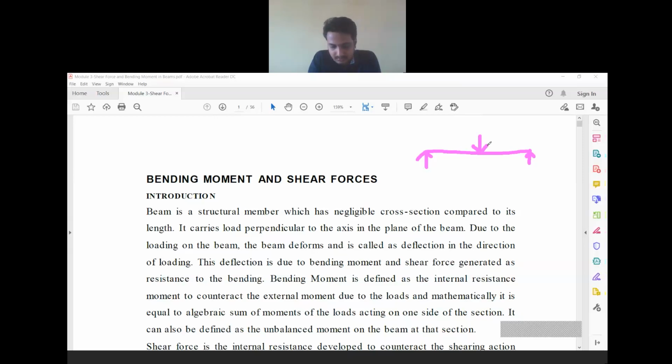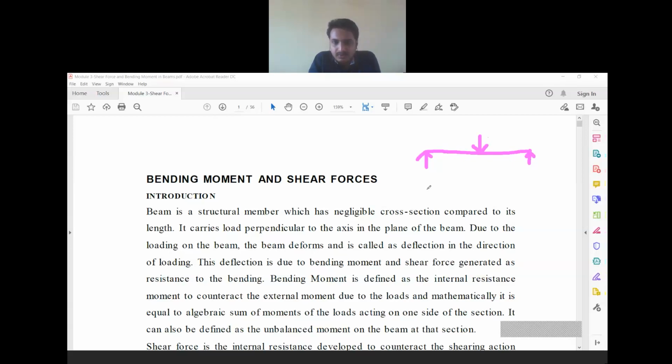See, this chapter is very important. I want all of you to concentrate more here. We have a beam and it is under loading. When we have a beam under loading, what will happen to the beam?